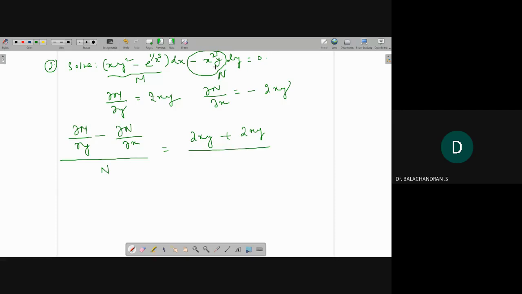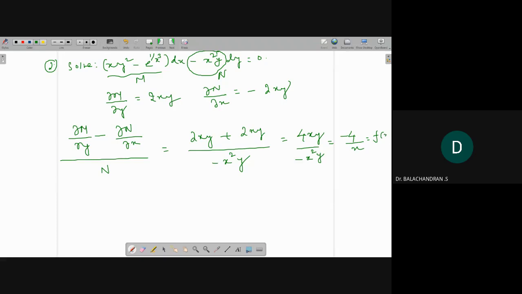What is n? Minus x square y. If you simplify, you'll get 4xy divided by minus x square y, which is minus 4 by x. This is a function of x alone.